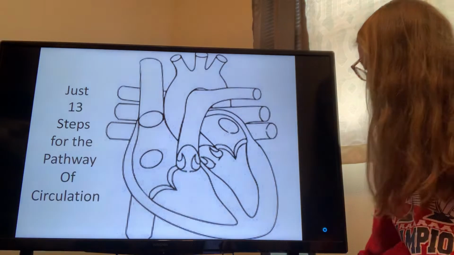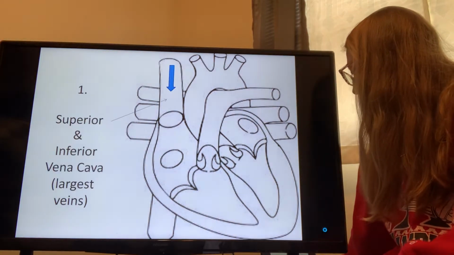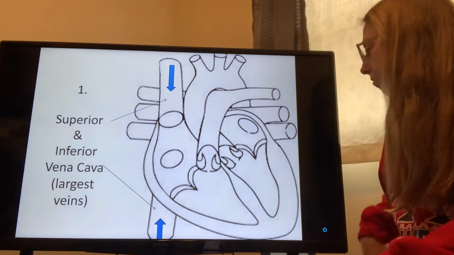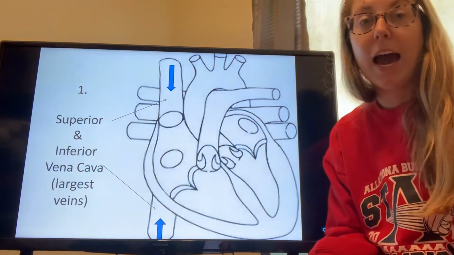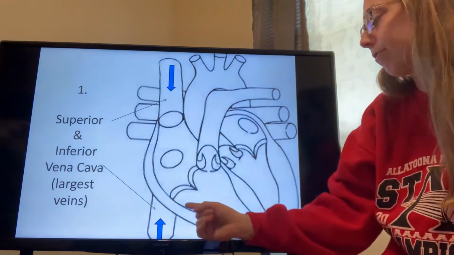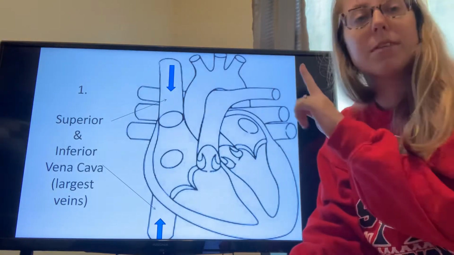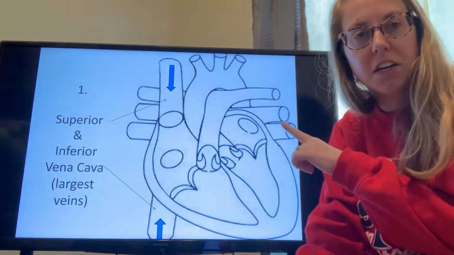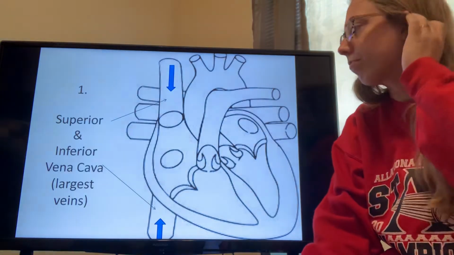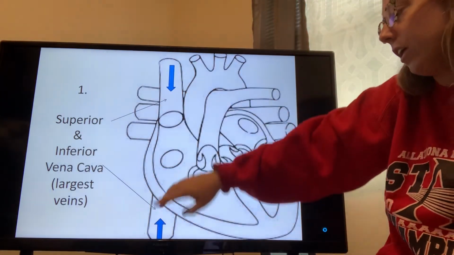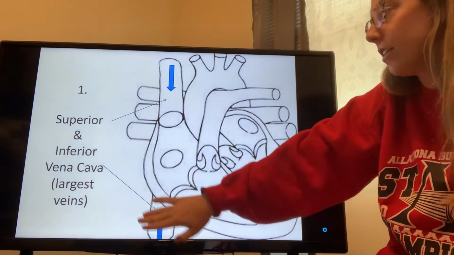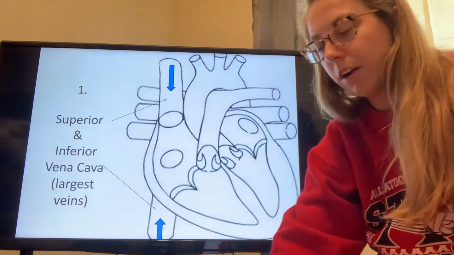The first step is labeling the superior and inferior vena cava. Okay, I've already put those blue arrows up there for you. We would normally do that in class, but for all intents and purposes, I already did it for you. So, you have 2 arrows.